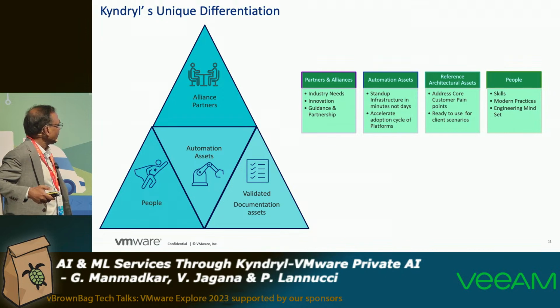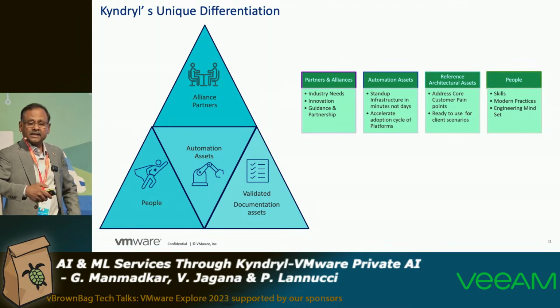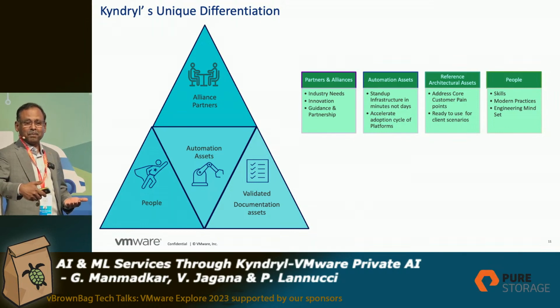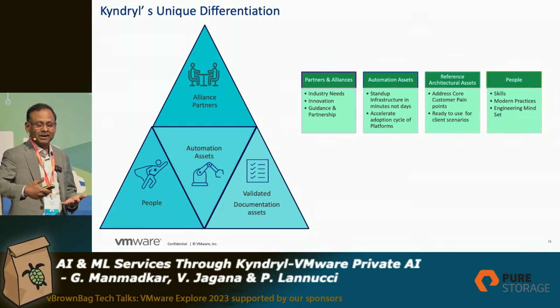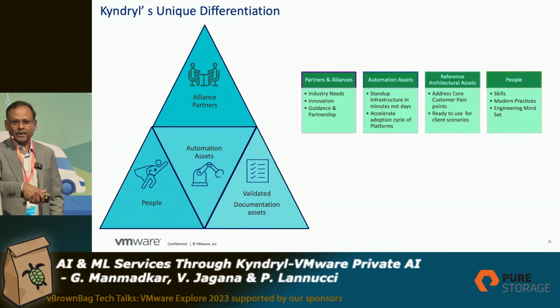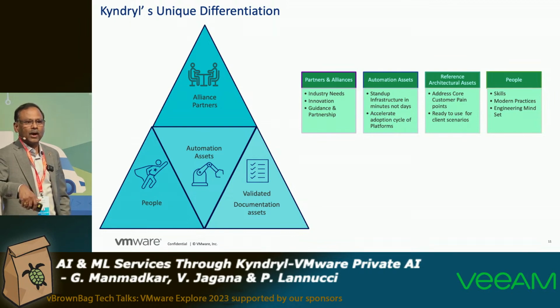And then we bring alliance partners like NVIDIA and other ISV partners to work together to solve your end-to-end problems. So with that, I will open up to any questions that you have.